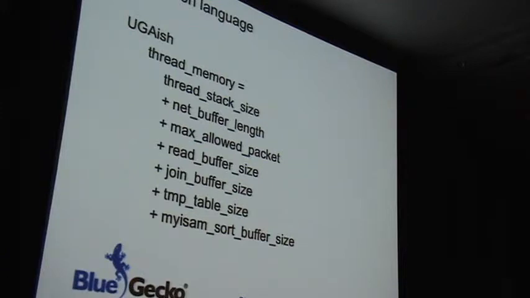Understanding what each of these do, how they interact and work into each thread, and trying to allocate and tune these is another longer conversation. But the thread stack size, the net buffer length, the max allowed packet size, these all add up to be the memory allocation per thread. So that's approximately the user global area.